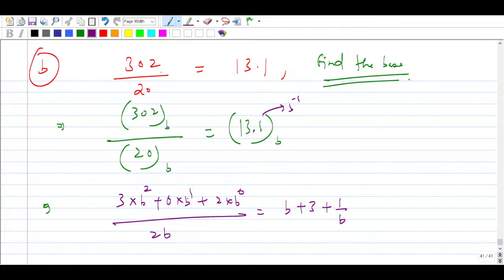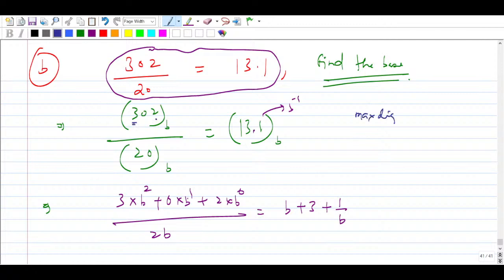But by looking at this question, right, you can easily eliminate the option. How can you eliminate the option? So you can see the maximum digit here is 3. Okay, the maximum digit is what? Maximum digit is 3. So your base must be greater than or equal to 4.